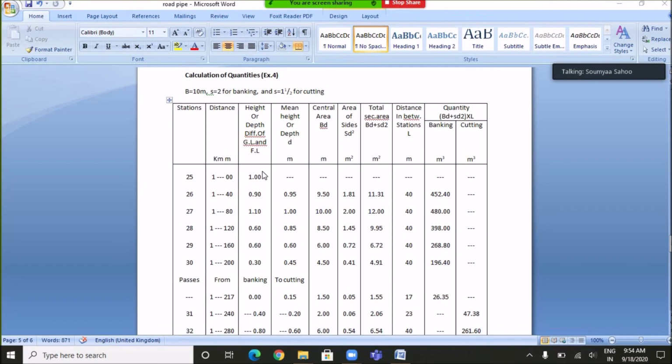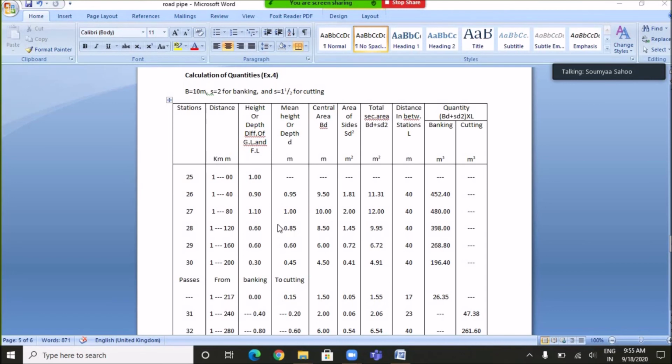All the height or depth of difference of ground level and formation level are mentioned as well, after which the mean height or depth is calculated. So 1 plus 0.9 divided by 2, which is equal to 0.95 meter. Next, 0.9 plus 1.1 divided by 2, which is equal to 1 meter. 1.1 plus 0.6 divided by 2, which is equal to 0.85 meter.